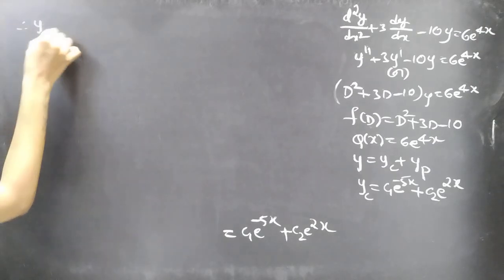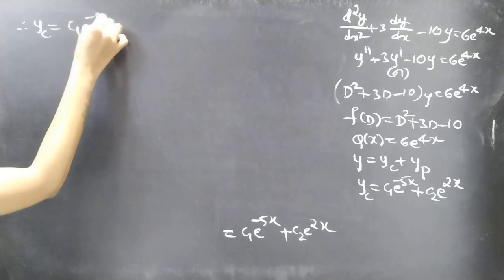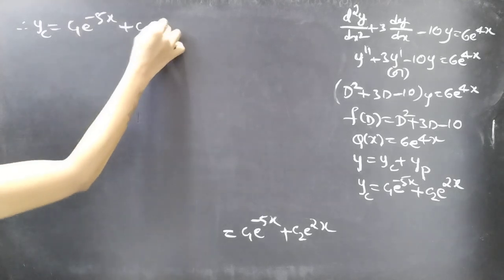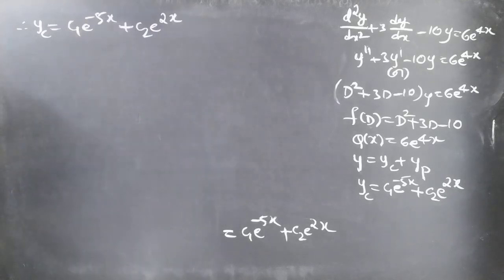Therefore, yc equal to c1 e power minus 5x plus c2 e power 2x, right?